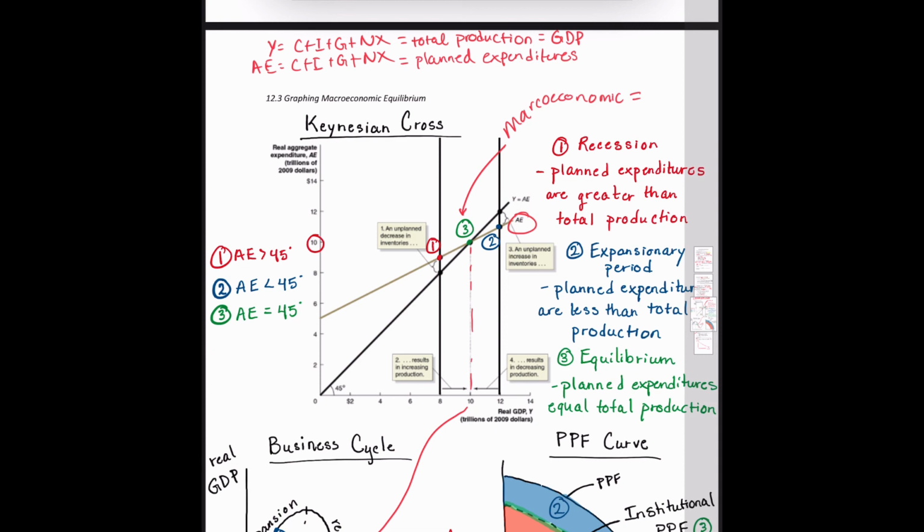But that's why we're constantly going back and forth between points 1 and 2, trying to figure out where macroeconomic equilibrium, where's that perfect inventory amount at, and it's kind of one of those constantly moving, unattainable points. So we don't actually know exactly where we are relative to where macroeconomic equilibrium is.